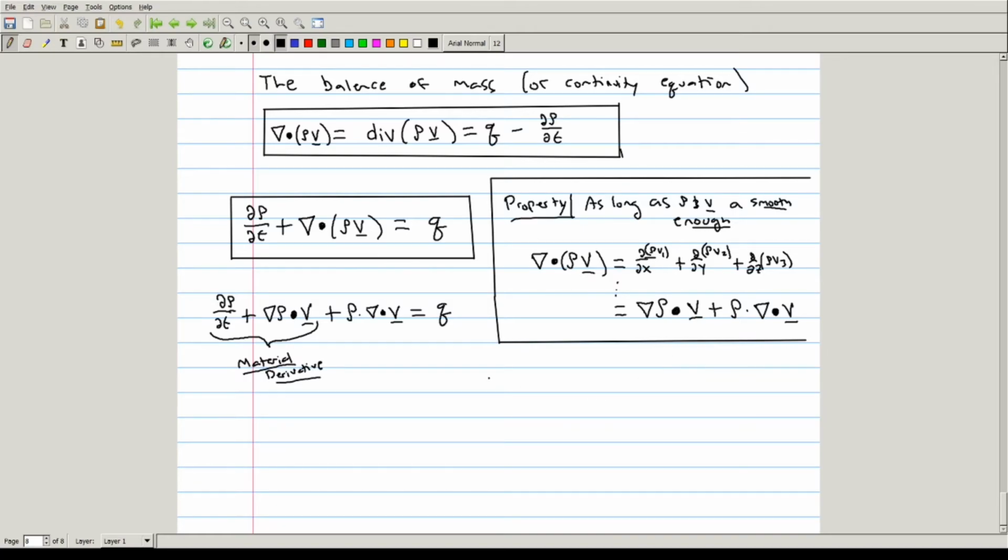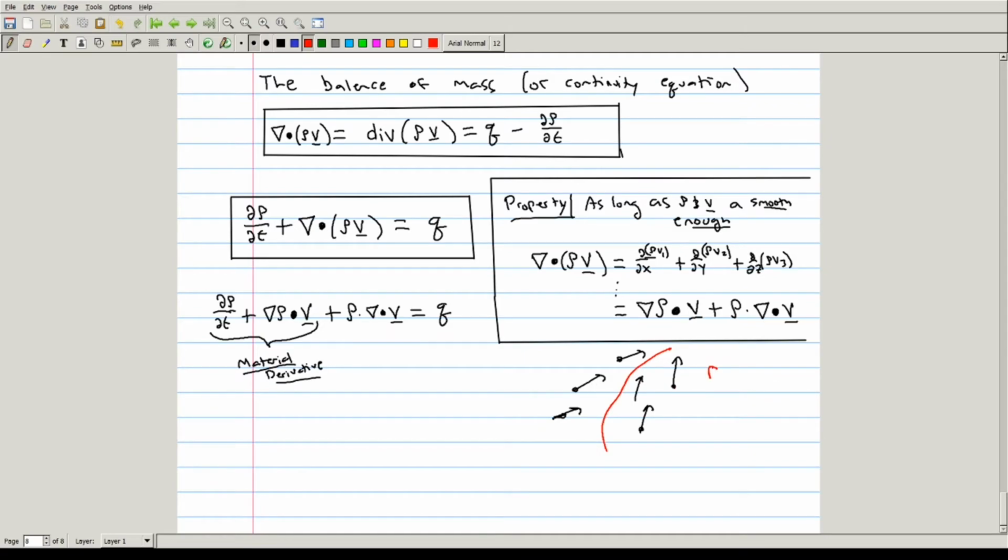Because if you're following a point particle traveling along some path through this vector field, so you have some path line, some curve, where the velocity of the particle is along this field.